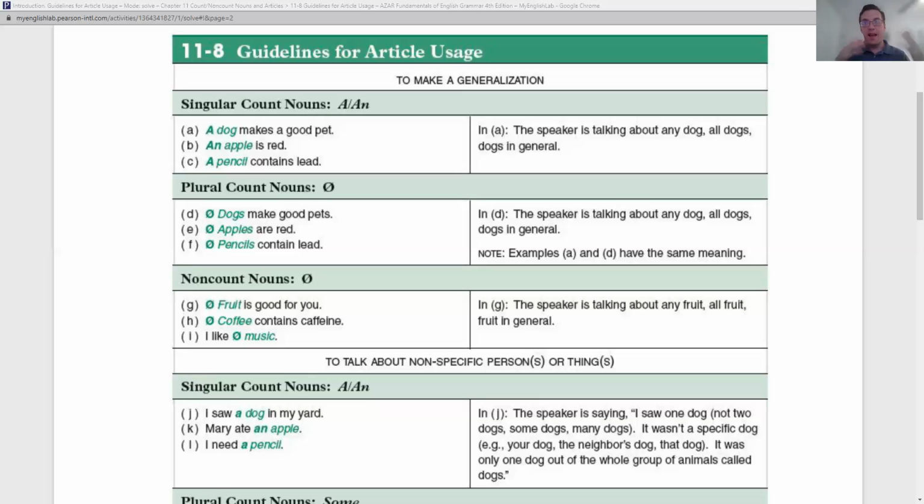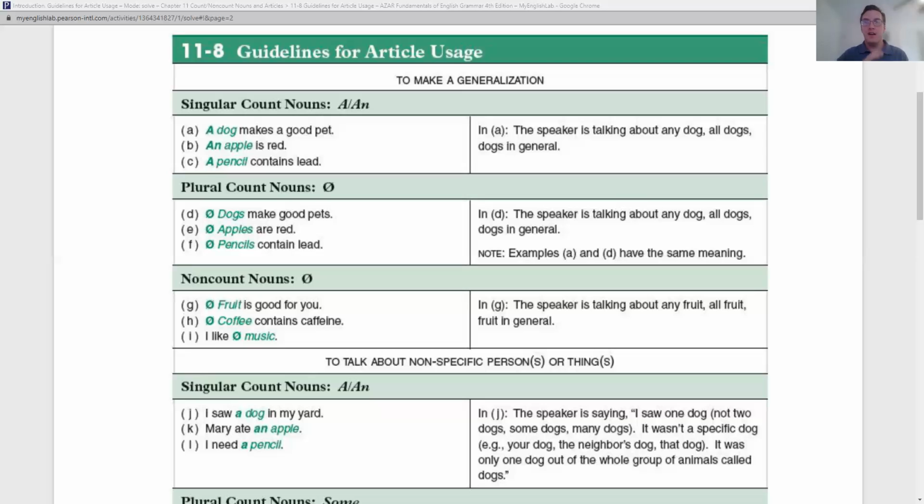In general, apples are red or pencils contain lead. So for these general statements about these categories, count nouns, I can use the singular, a dog makes a good pet, or the plural, dogs make good pets. Those two statements mean the same thing. There is no difference in meaning if I use the singular or the plural.